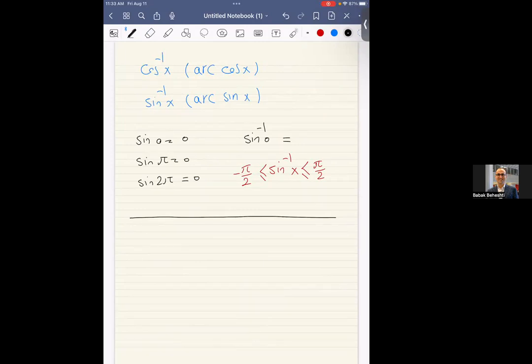Sine inverse of 0 therefore is 0. Among the values 0, pi, 2 pi, which one is between minus pi half and pi half? 0.